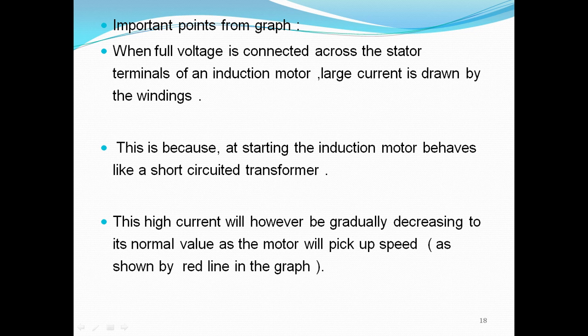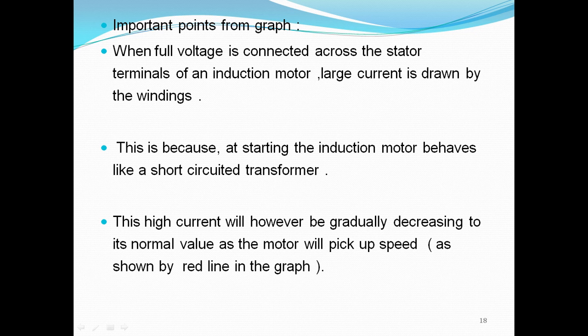So why is a starter required? Starting of an induction motor involves a change in its state, from rest to steady state speed of rotation. That means it starts rotating from 0 speed. The process of starting is one of the most important parts of its operation.